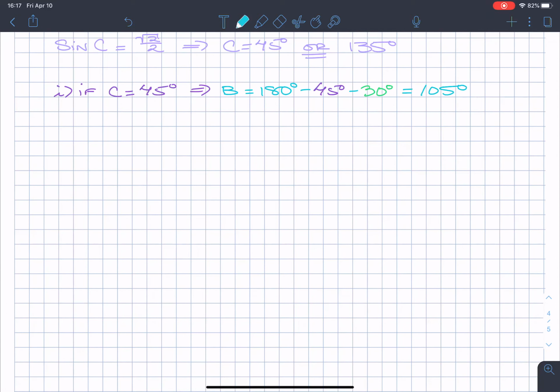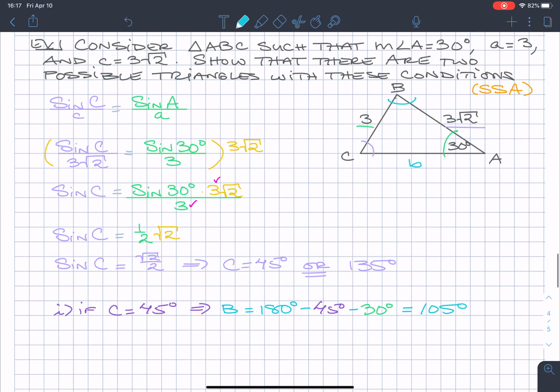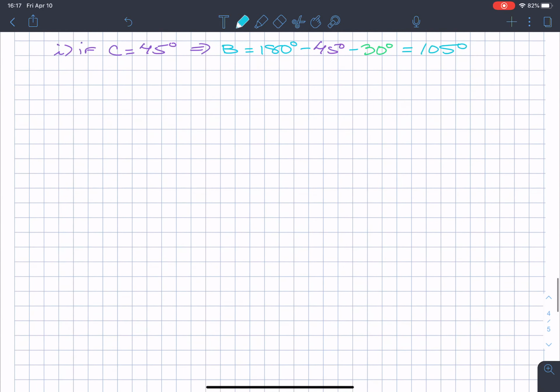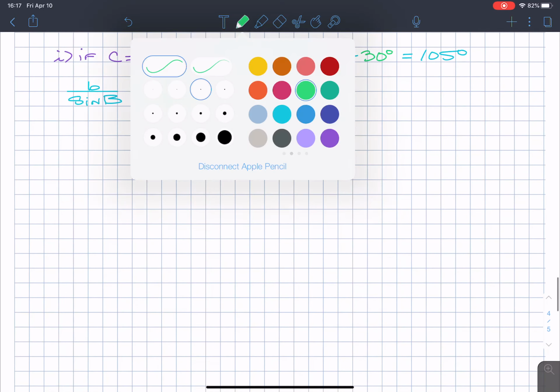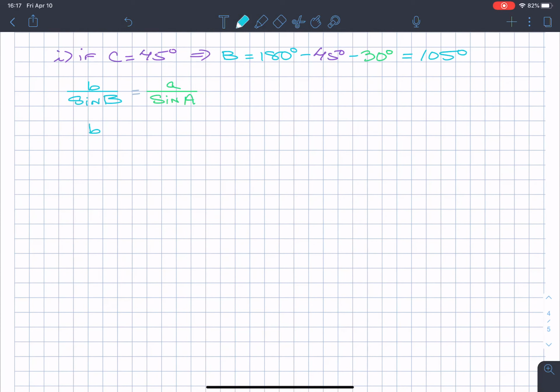Okay, so in that case, if B is 105, I can solve for little b. Little b divided by sine of angle B, I'll set equal to, once again, little a divided by sine of angle A. So this is little b divided by sine of 105 degrees.